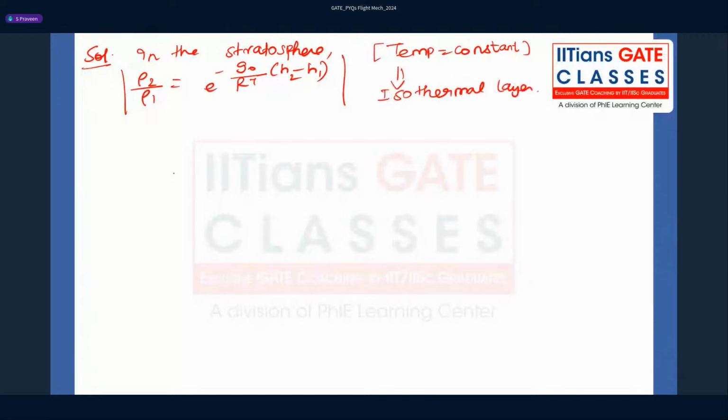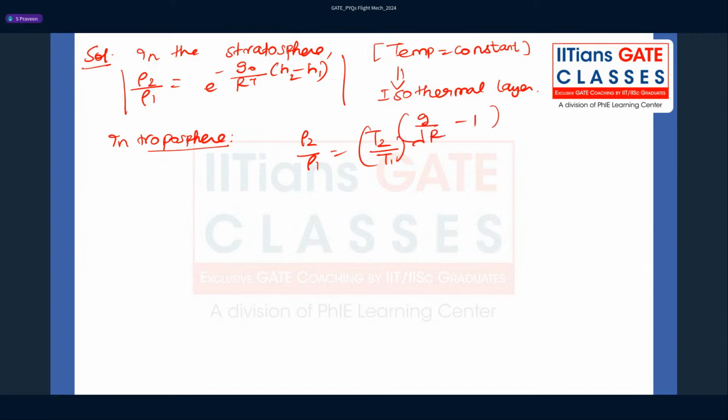Right. So for the troposphere, I just want to give you the formula so that you know. The density variation is given by rho 2 by rho 1 is equal to T2 by T1 to the power g by lambda R minus 1, where lambda is the lapse rate.